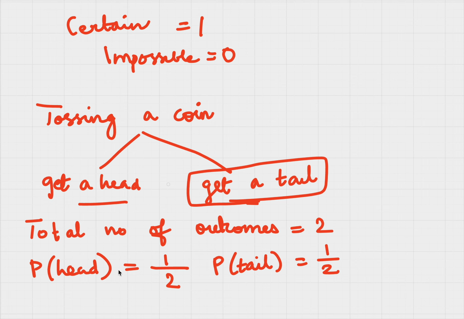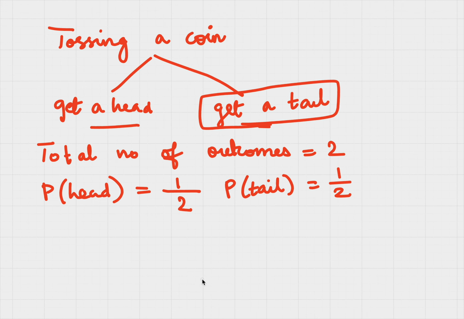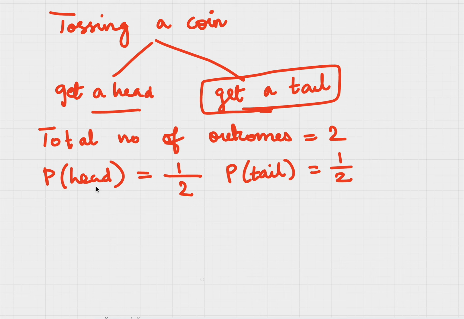So here we observe that the chance of getting a head and the chance of getting a tail are the same. When we get these kinds of scenarios where the chances are equal, these are equally likely events.